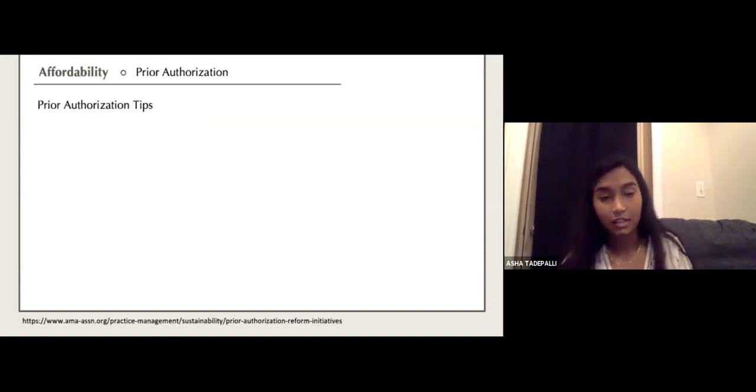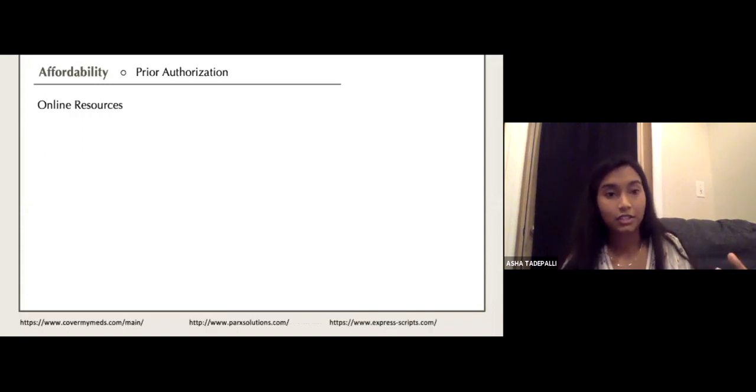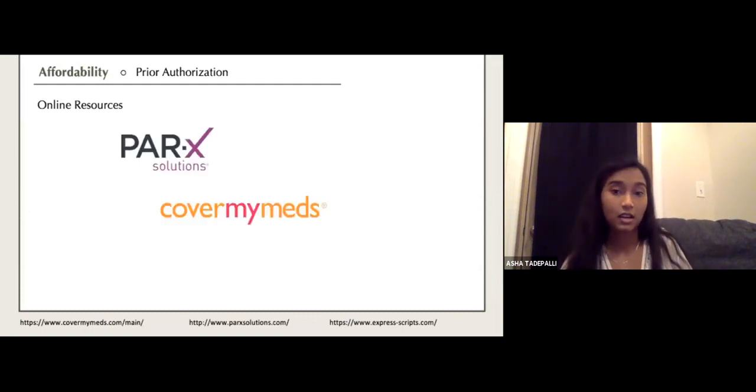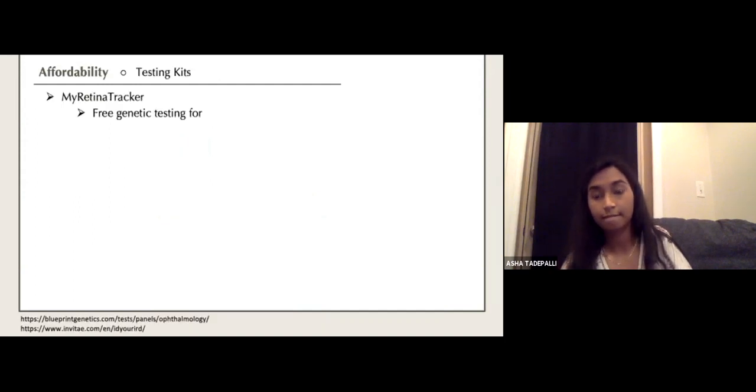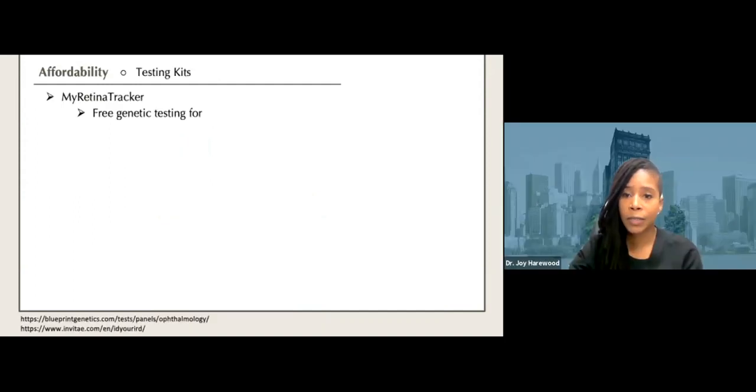Similar to what Dr. Harewood had mentioned in terms of medication resources, there are online resources for prior authorizations, including ProRx, Cover My Meds, and Express Scripts, which are websites that you can use to help this process go along a little bit easier. I will say I definitely use Cover My Meds, no particular reason, but I found it a little bit easier in terms of communicating with the pharmacy to get those prior authorizations through.